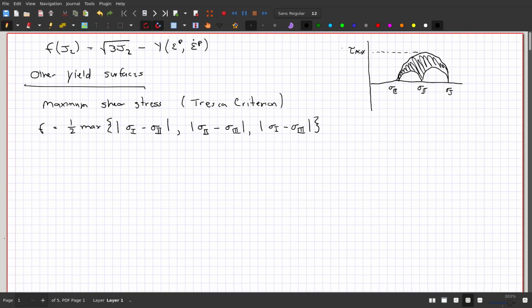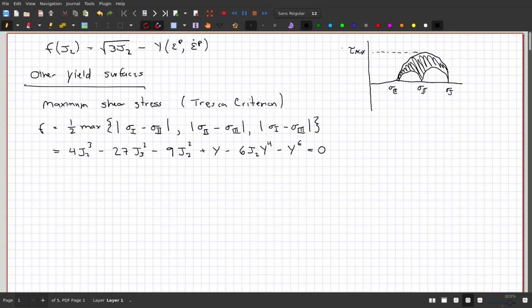There's also the way that you can write this in terms of the invariants. It's a little weird, but we have 4 J2 cubed minus 27 J3 squared minus 9 J2 squared y squared plus 6 J2 y to the 4th minus y to the 6th equals 0.